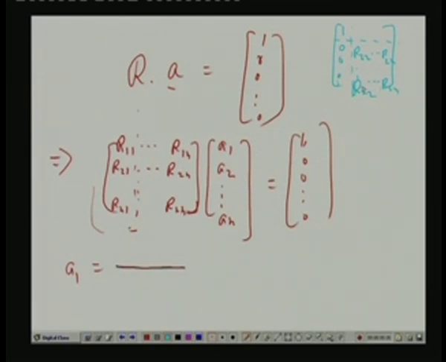You can easily see this is the correlation matrix of the random variables x 2, x 3 up to x n, that is, n minus 1 random variables. What is the determinant of that matrix? The determinant is just 1 times the determinant of the submatrix, because the other entries are 0. They contribute nothing to the overall determinant.